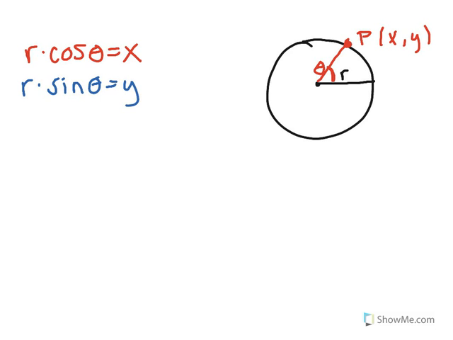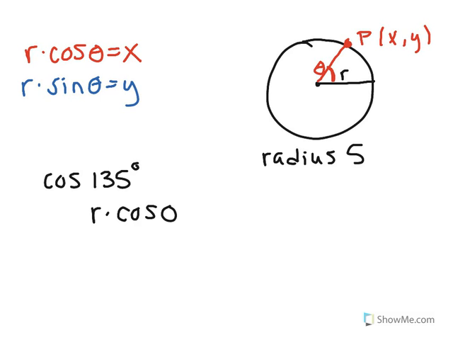So if I take a look at a quick problem here, let's say for a circle with a radius of 5, I want to know the x-coordinate at 135 degrees. Then I'm going to follow this formula.